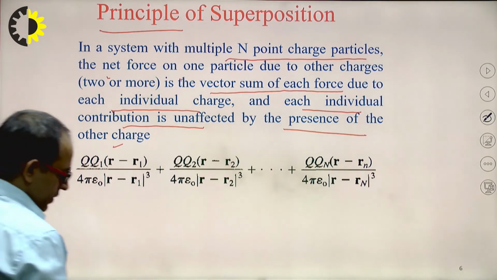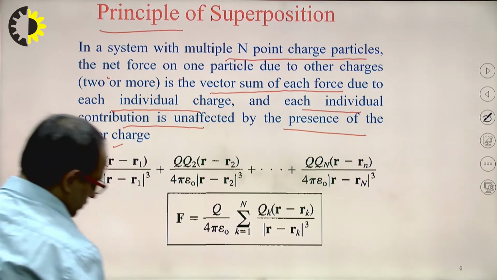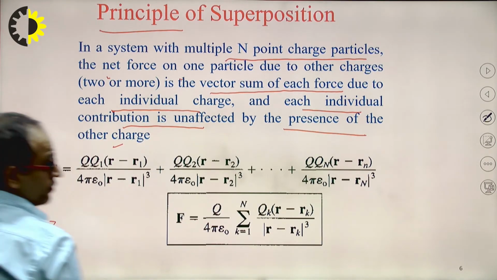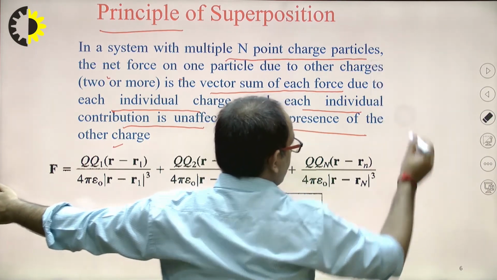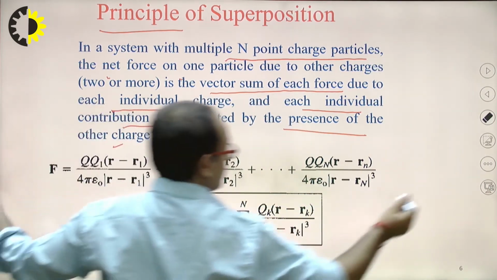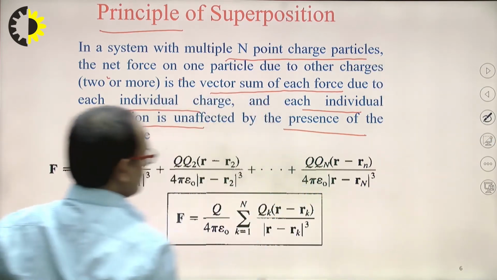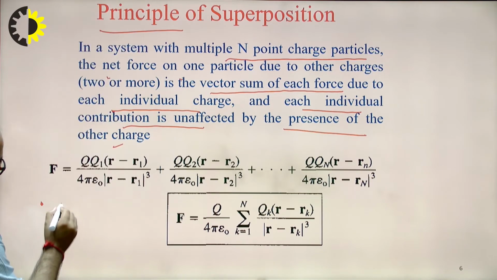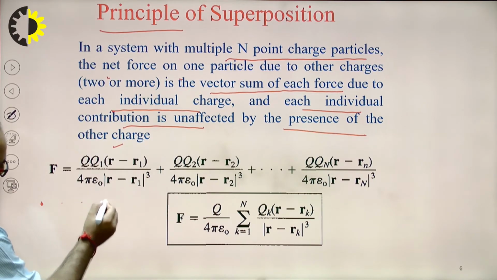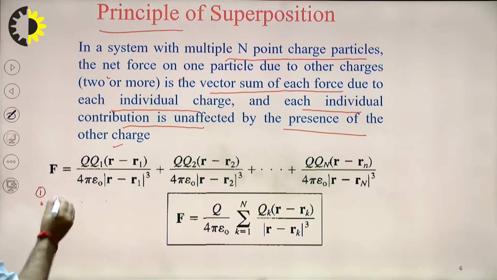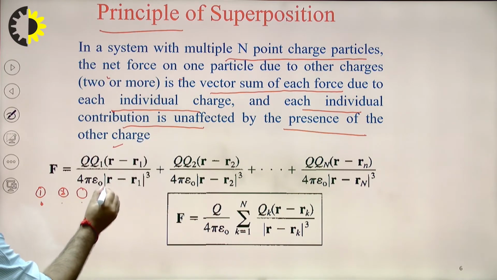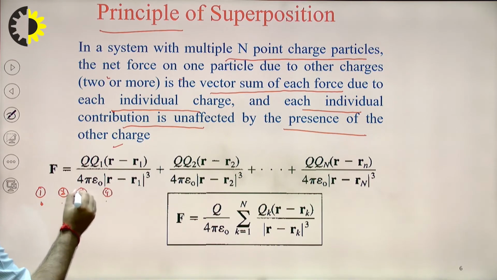Now let's say one charge is there, this is another charge, this is another charge, and this one is another charge, denoted by F1, F2, F3, F4. Clear?